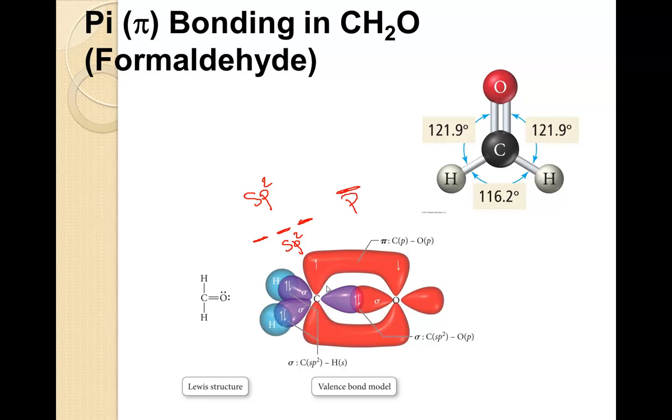So here is our p orbital that did not overlap, that didn't hybridize. So that means that these p orbitals can then overlap on the top and the bottom. And these three here are your three sp2 orbitals that are overlapping to form sigma bonds.